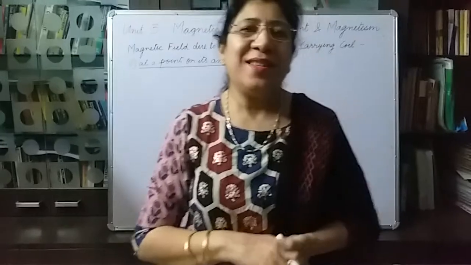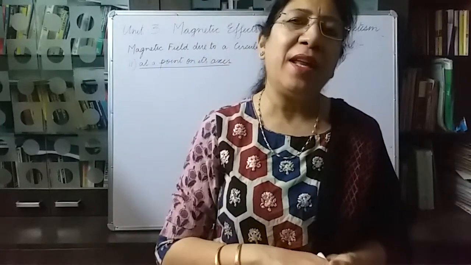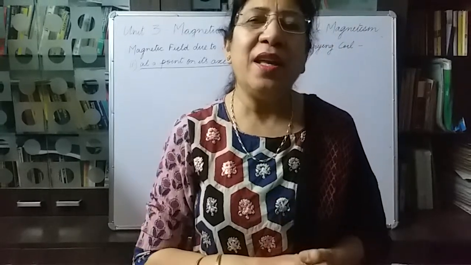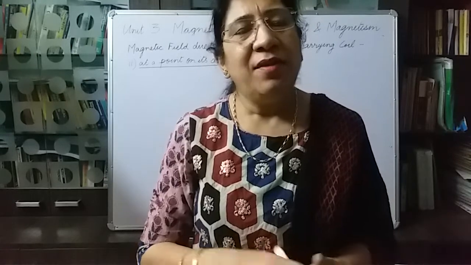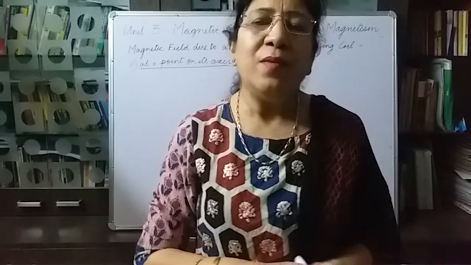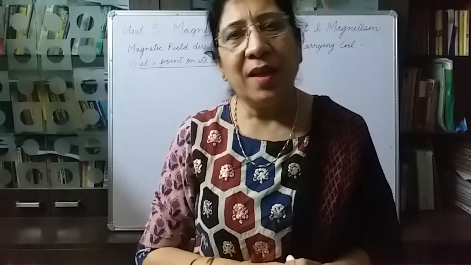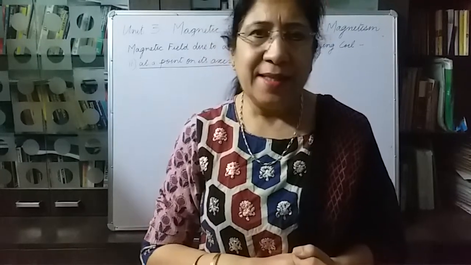Hello students, in the last class we had found the magnetic field due to a current carrying circular coil at its center. We will again use Biot-Savart law to find the magnetic field at a point on its axis.